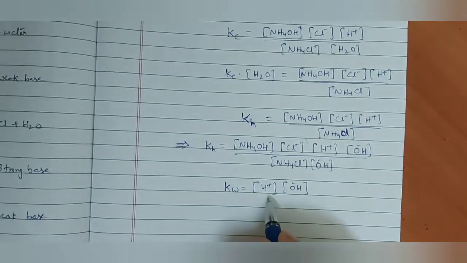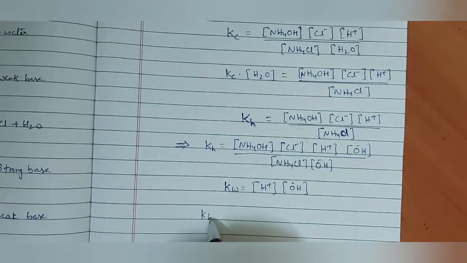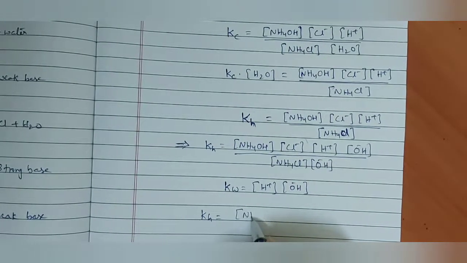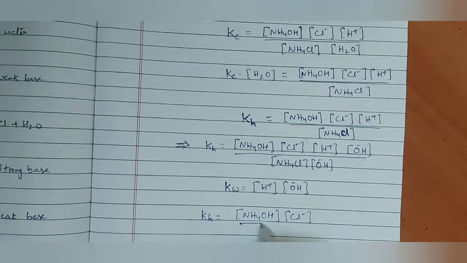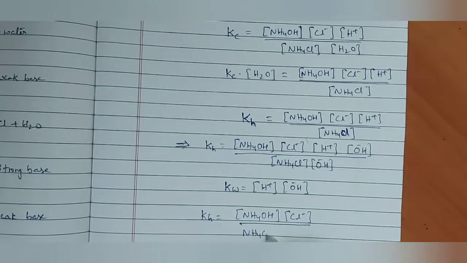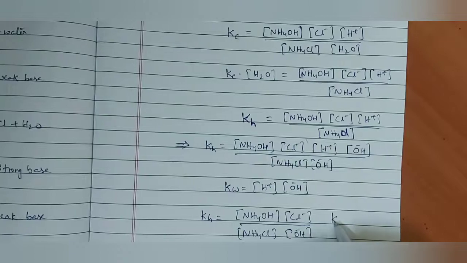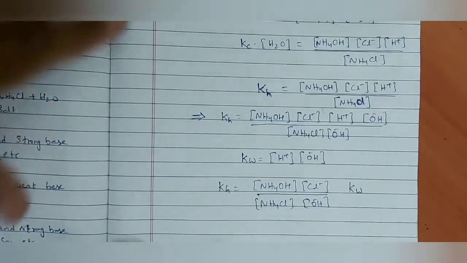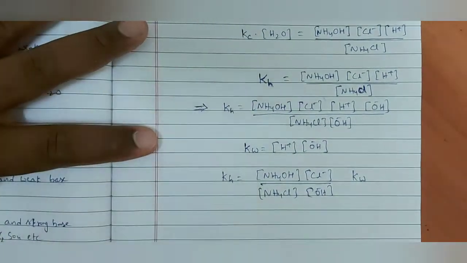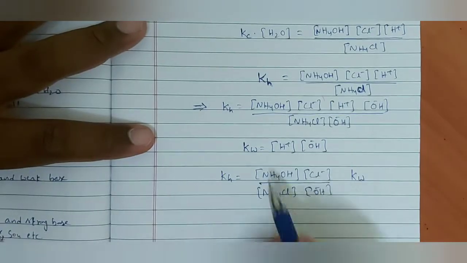As we know, Kw is equal to H plus concentration into OH minus ion concentration. Instead of this one, I am writing Kw. Kh is equal to concentration of NH4OH into concentration of Cl minus divided by concentration of NH4Cl into concentration of OH minus, into Kw. And this value we can write as Kb.